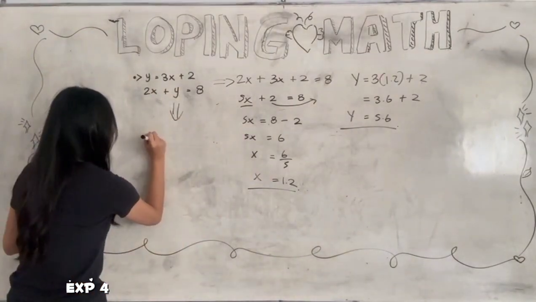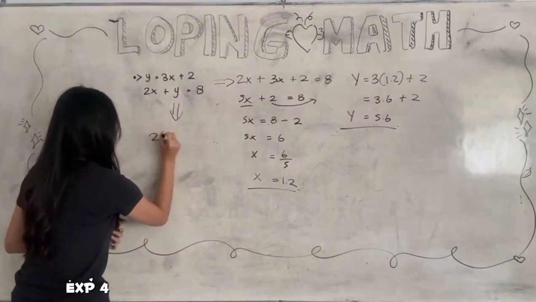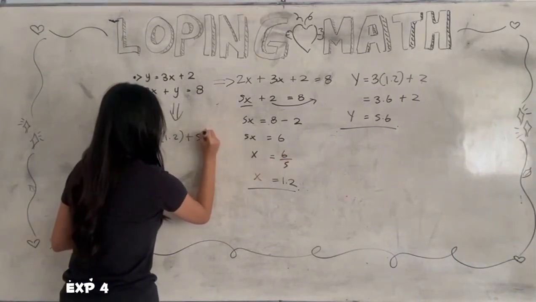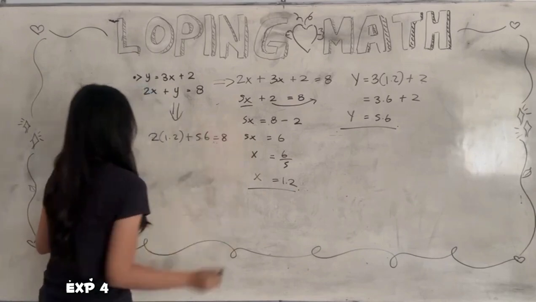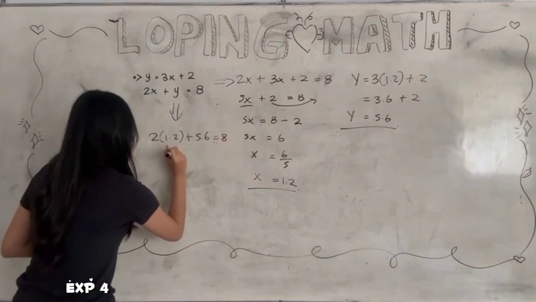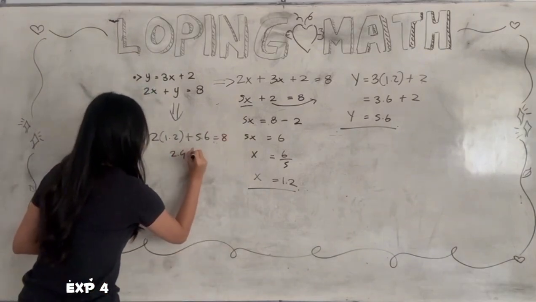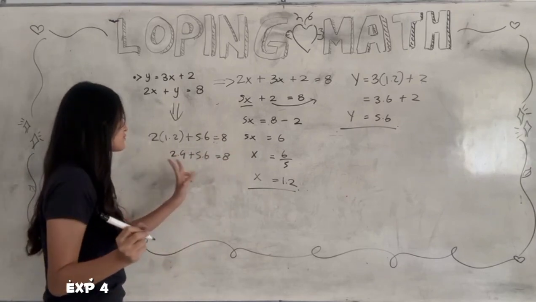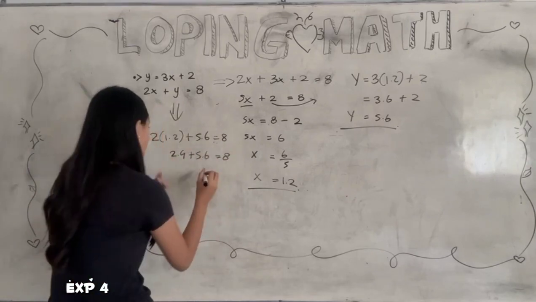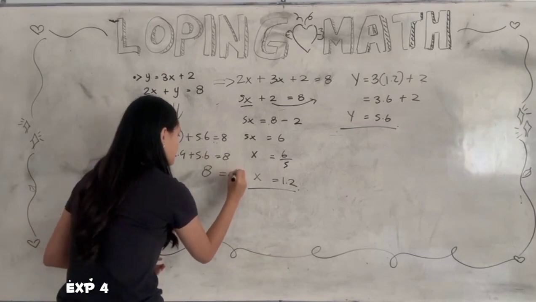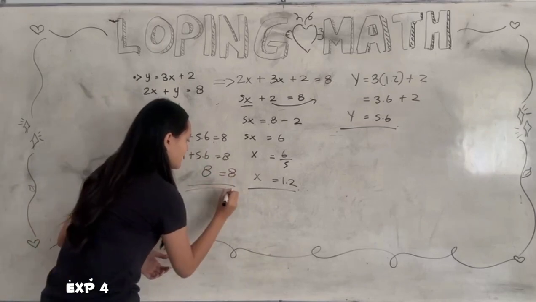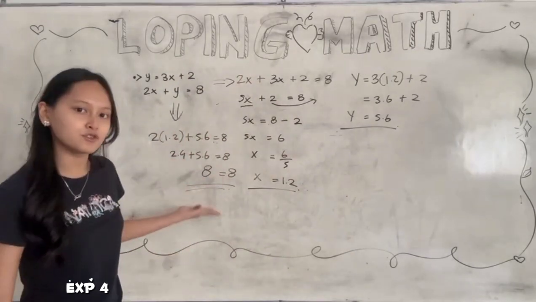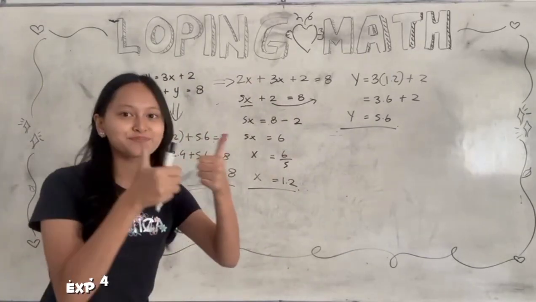So 2x is 2 times 1.2 plus y is 5.6 equals 8. 2 times 1.2 equals 2.4, plus 5.6 equals 8. 2.4 plus 5.6 equals 8. So it is proved that all of these answers are true, are correct.